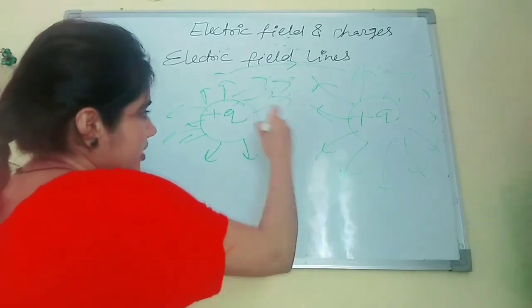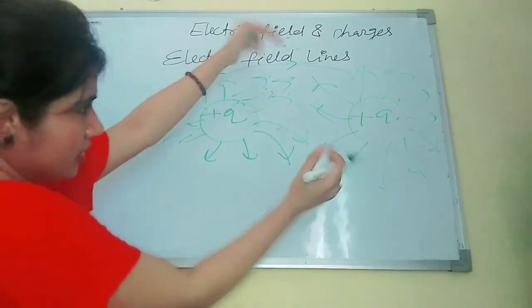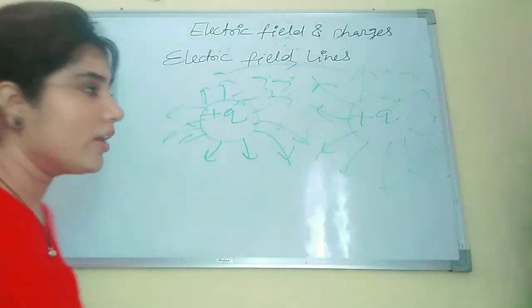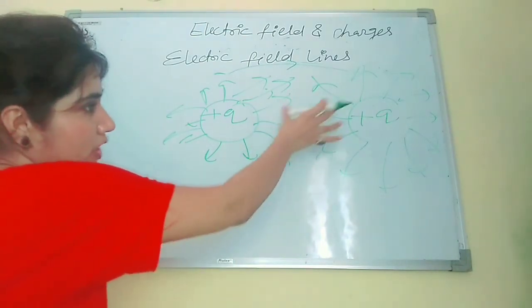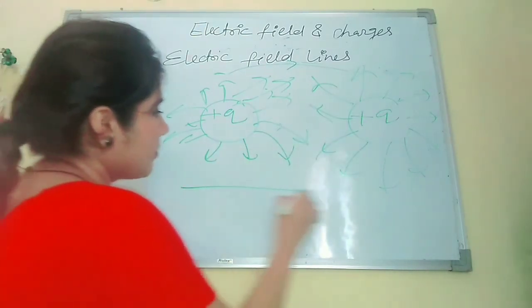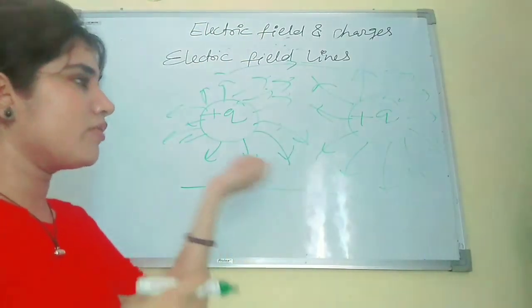You will find this kind of figure, and they both will put pressure on each other. So this is the simple representation for both charges, in the case of positive and positive.